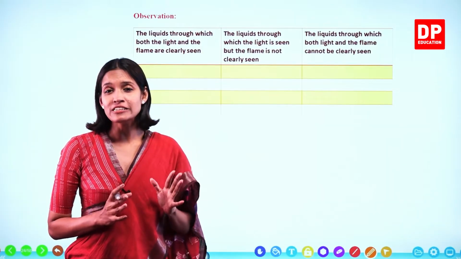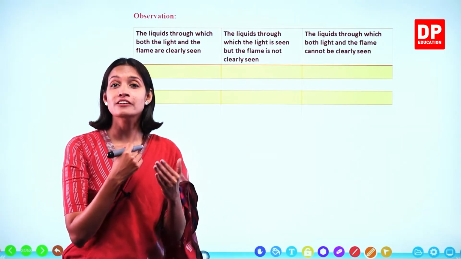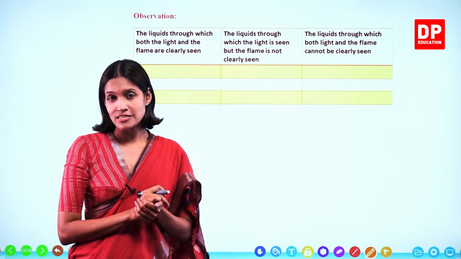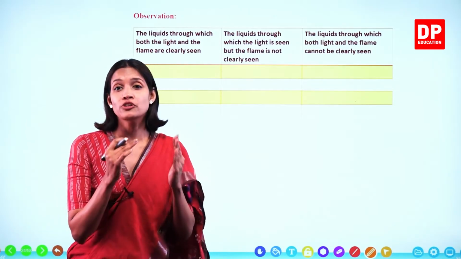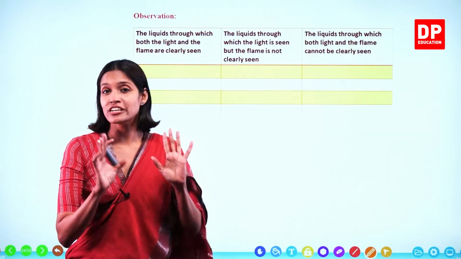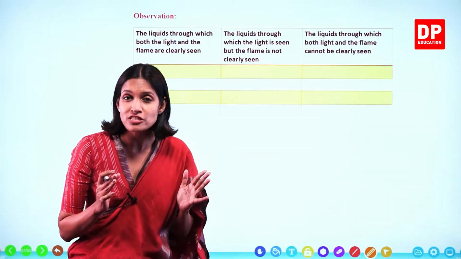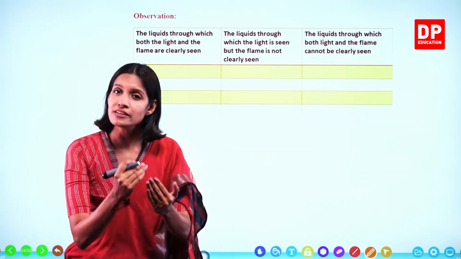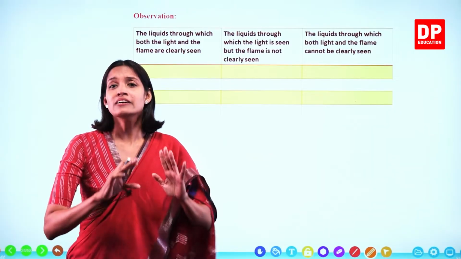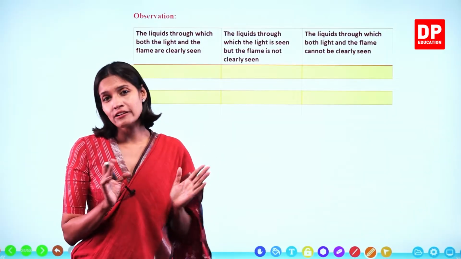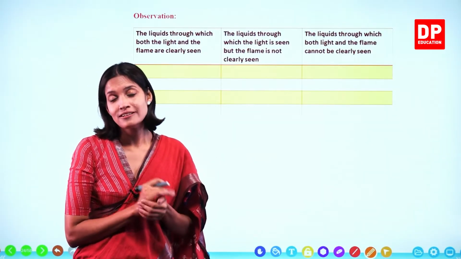It was very clear when you looked through different liquids at the candle flame. It appeared in different ways, right? Through some liquids, you could see the candle flame and the light very clearly. Through some liquids, you couldn't see the light or the candle flame at all. And through some other liquids, you can see the light, but you could not see the candle flame very well, right?